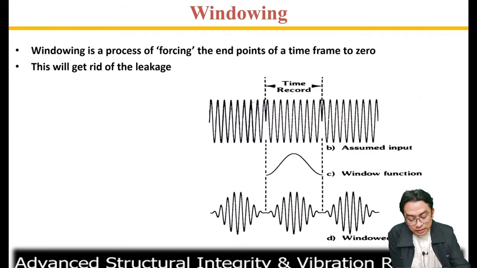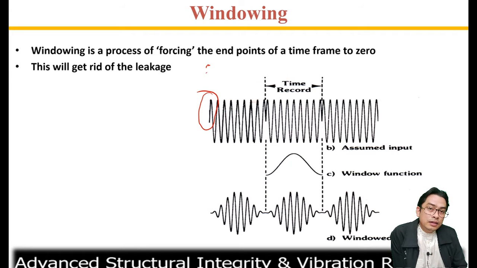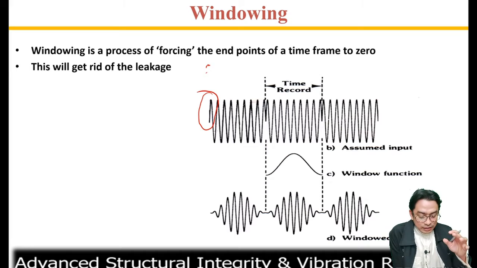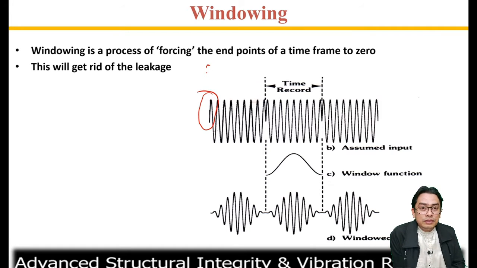If we cut the signal, look at the first cut here. Look at this unfinished signal. It's hanging. This hanging part, if we convert into frequency domain analysis, will show an incorrect representation of the signal.